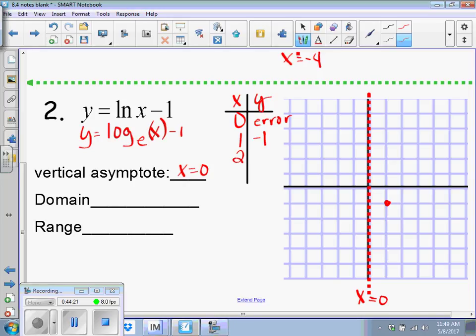All right, I see that 2 is -0.3. I see that 3 is 0.09. What I need to know is where it crosses the x-axis. I need to know the x-intercept. And at the x-intercept, y is 0.